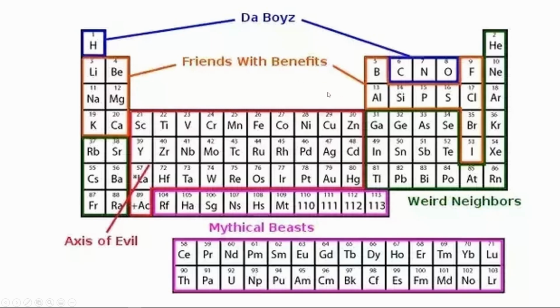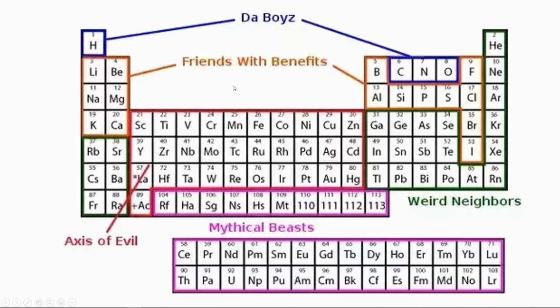These atoms are going to be used quite often in organic chemistry, and so we should have some idea of how they're going to interact. For example, the halogens are probably going to be the most frequently used, and they often will be part of the organic reactions that we're going to be studying.